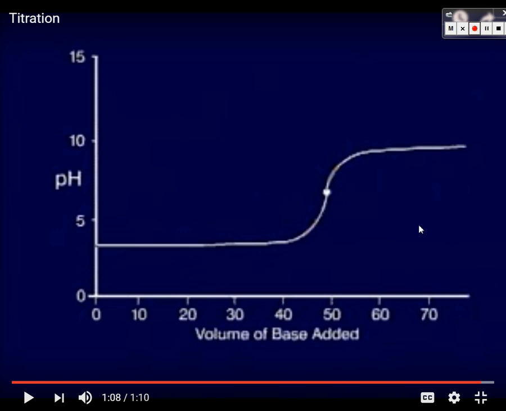So notice what happens as you get to 10. As you get to 10 mils of base, what happens to the pH? At 10 mils, nothing. It's still flat. What happens when you get to 30? It might be a smidge above where it originally started. But then notice what happens when you get between 40 and 50.